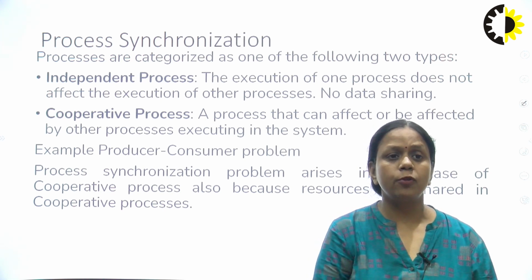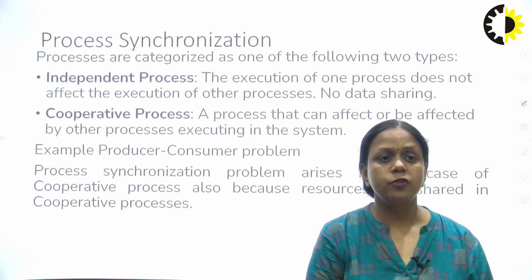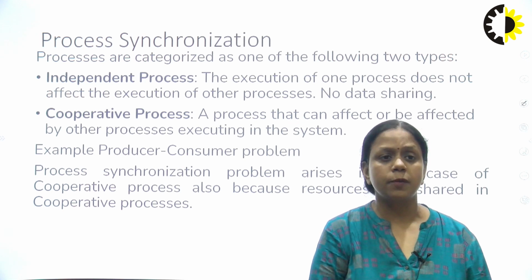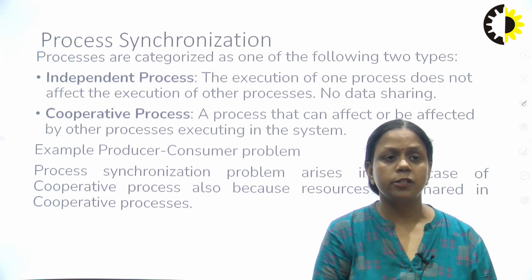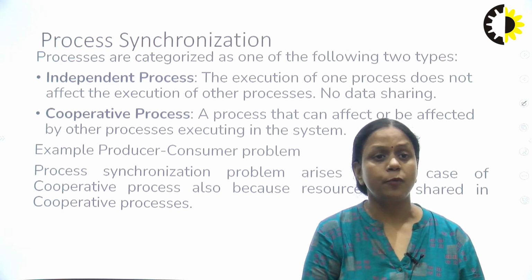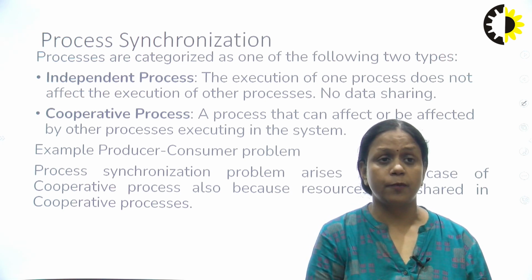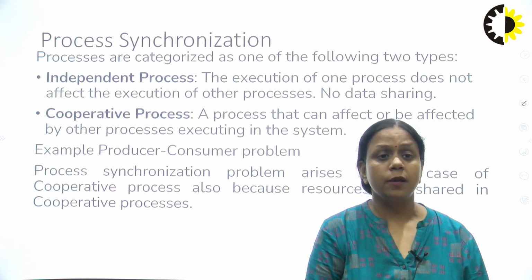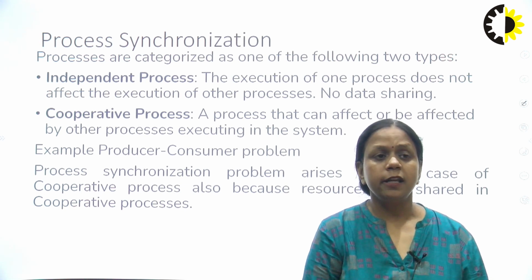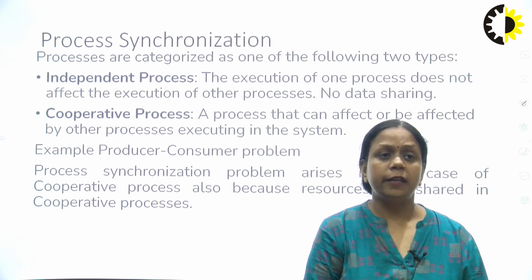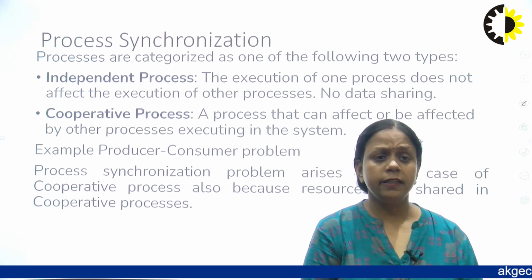For example, the producer-consumer problem, where the producer produces different products and the consumer consumes the products. But there should be a synchronization mechanism between the producer and consumer. If the producer produces more products but the consumer cannot consume that many, then there will be a problem. So process synchronization techniques should be applied in this problem.